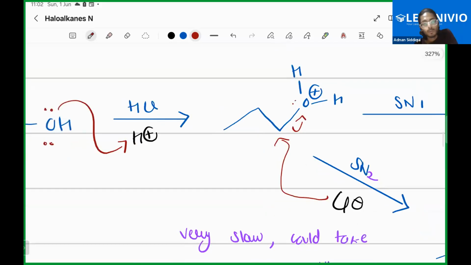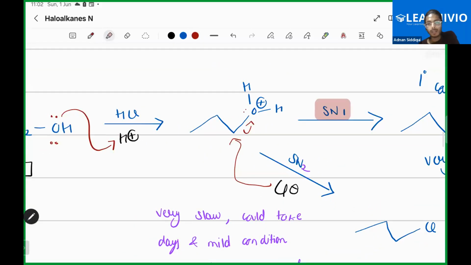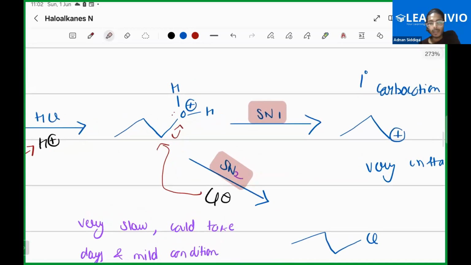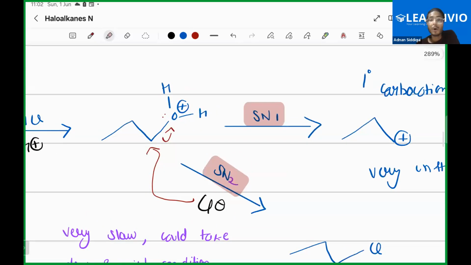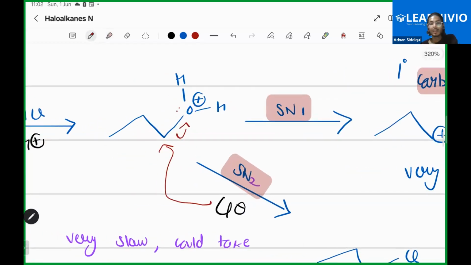For that, there are two possibilities. Either it could use the SN1 mechanism, or it could go via SN2. For now, you can understand that whenever we are talking about the SN1 mechanism, we will always see the formation of a carbocation. What is a carbocation? A carbon with a positive charge. Whenever we talk about SN1, we will observe self-ionization.